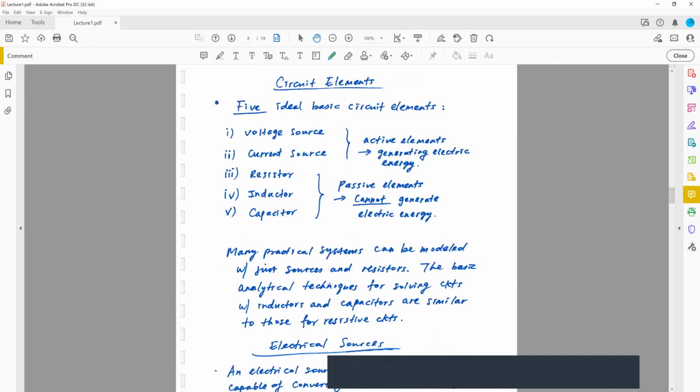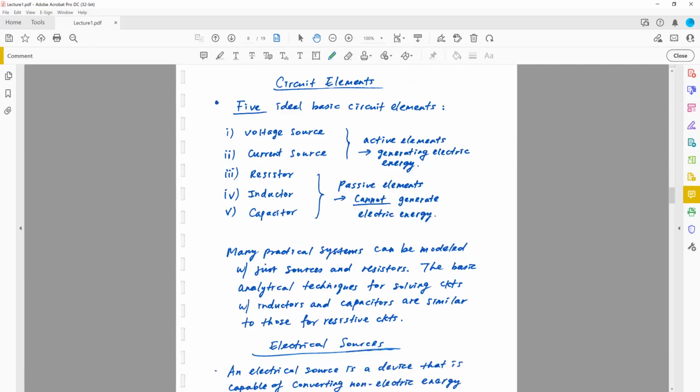Next I wanted to discuss circuit elements, the basic circuit elements that you need to know for this course. I believe these elements are something you have come across in your prerequisite courses.